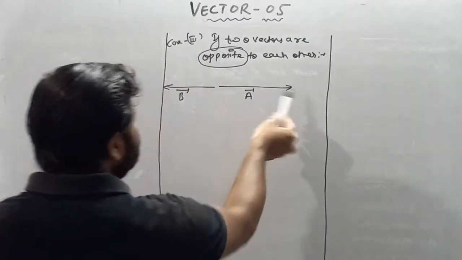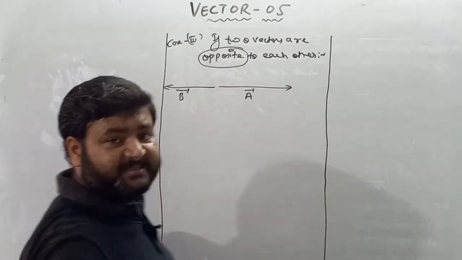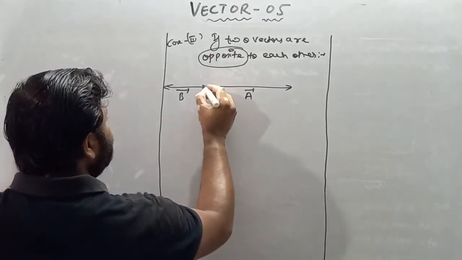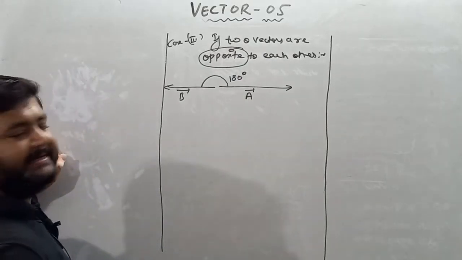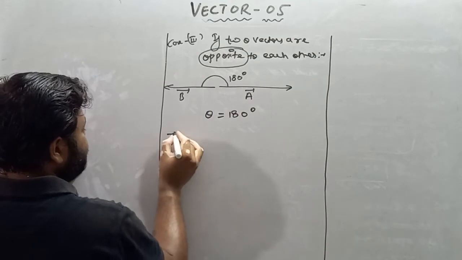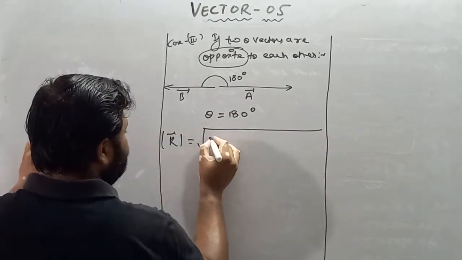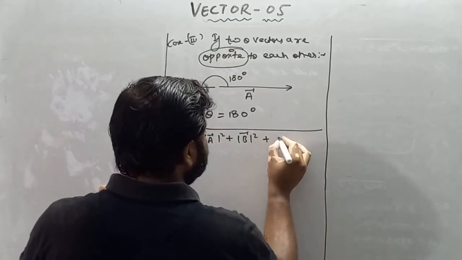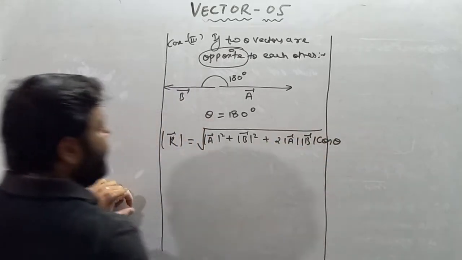So here we have two vectors, dear students, one is A vector and the other is B vector. Both vectors are opposite in direction to each other. So we know that if two vectors are opposite to each other, then the angle between them is 180 degrees. So here theta is 180 degrees. The magnitude of the resultant vector is equal to under root of magnitude of A square plus magnitude of B square plus 2 times magnitude of A, magnitude of B and cos theta.